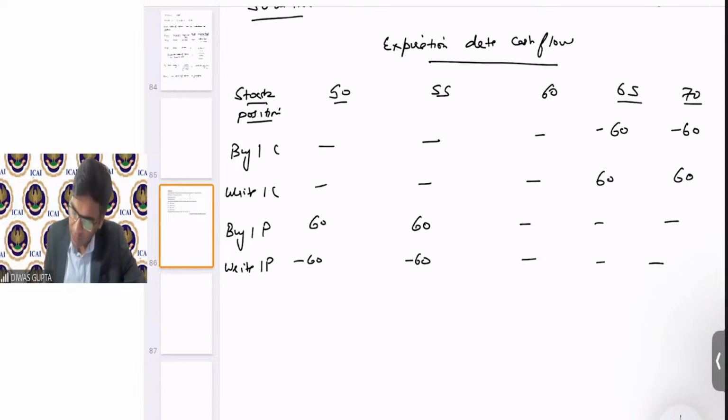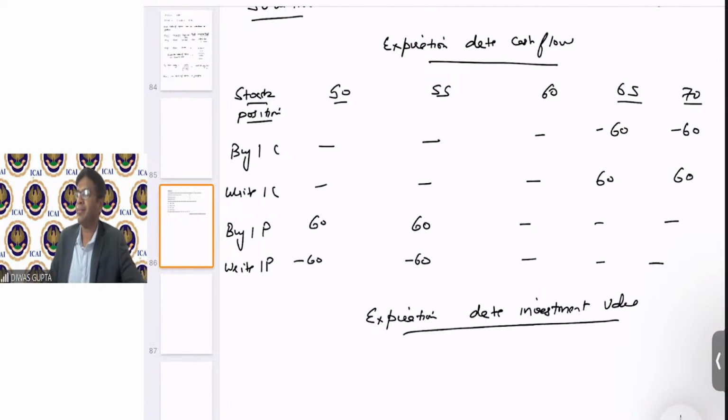Then let's come to expiration date investment value. So the expiration date investment value.